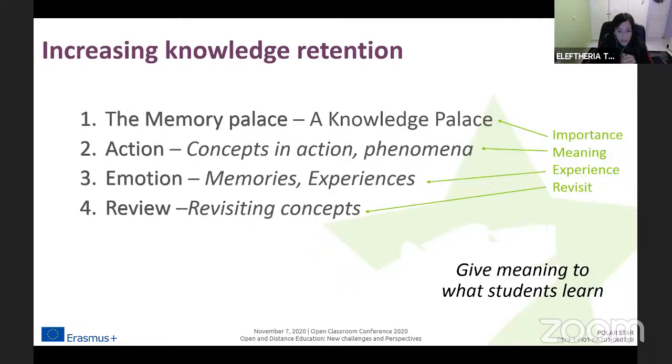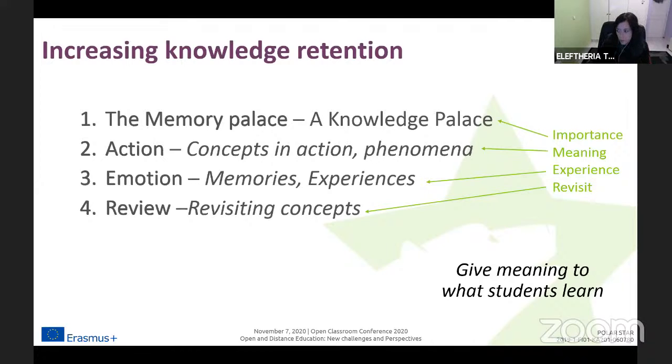And we're using a memory trick that comes to us from ancient Greece, which has 4 steps: creating a memory palace and storing memories using action and emotion and reviewing everything. So we're using this trick to accommodate the 4 things that we need in order to increase knowledge retention.